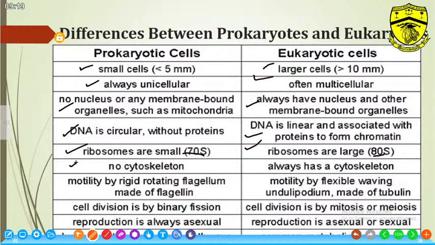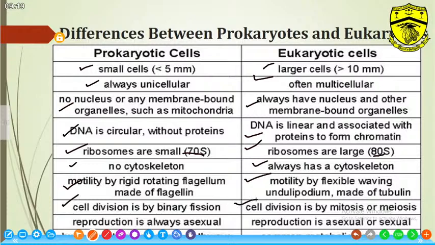Prokaryotic cells have no cytoskeleton. Eukaryotic cells always have a cytoskeleton. Prokaryotic cells move by rigid rotating flagella made up of flagellin. Eukaryotic cells move by flexible waving undulipodia made up of tubulin protein. In prokaryotic cells, cell division is by binary fission, but in eukaryotic cells, by mitosis or meiosis.